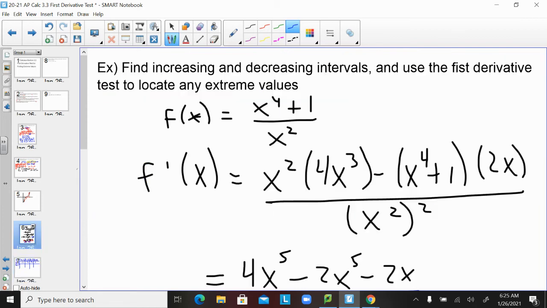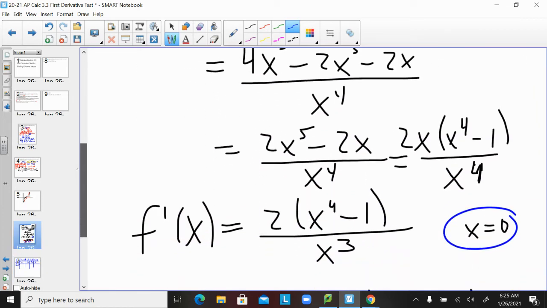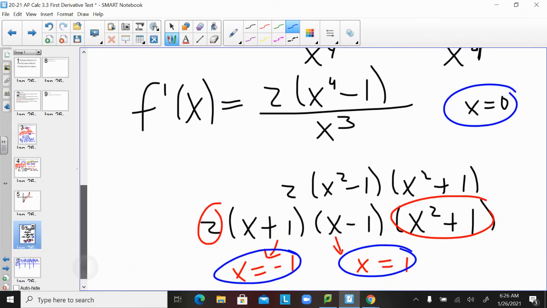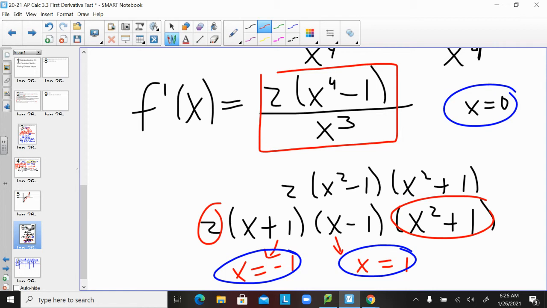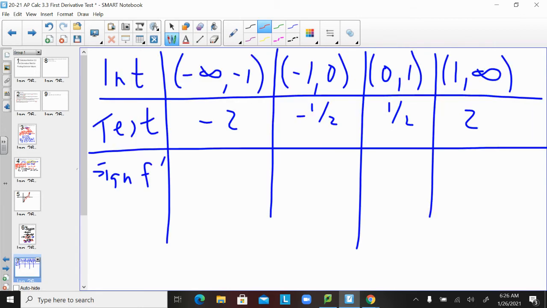So let me go back and find the derivative. It might be easier in the factored form. I might leave it at 2 times x to the 4th minus 1 over x cubed. We're taking these test values and plugging them into the derivative to figure out whether it's positive or negative.